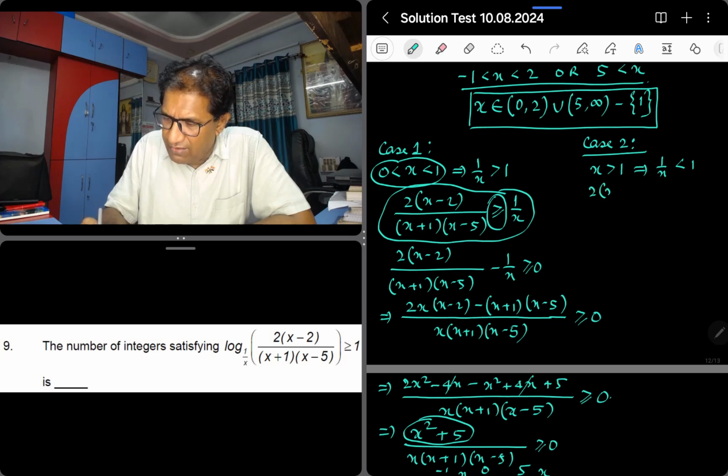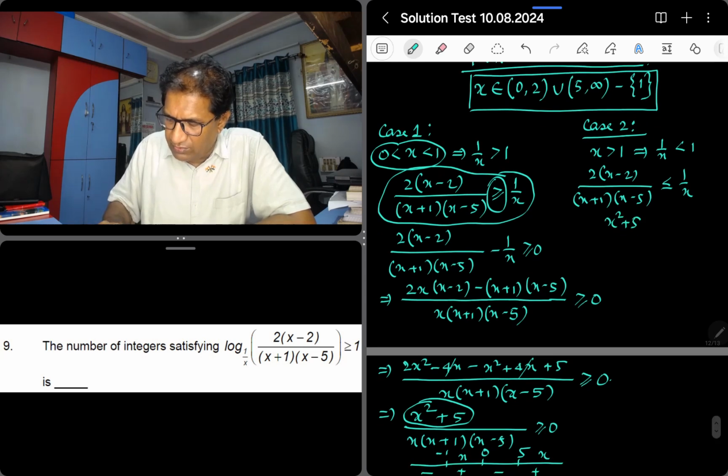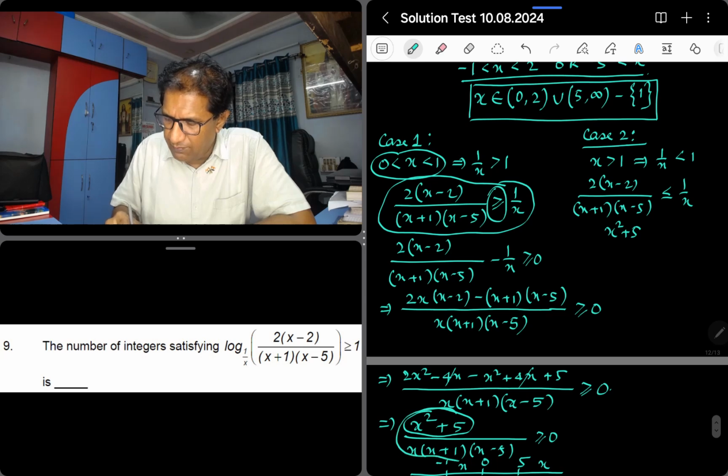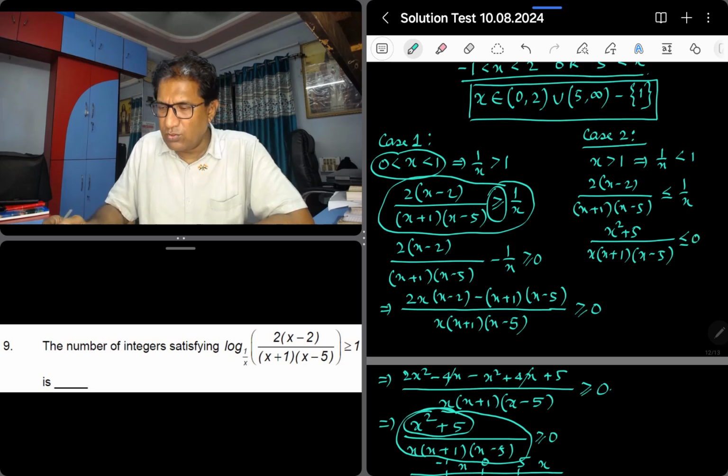That is, we are going to have something like this, less than or equal to 1 over x. So after simplification, we will have exactly the same expression that we got here, because there is no change in values. But this is less than or equal to 0.